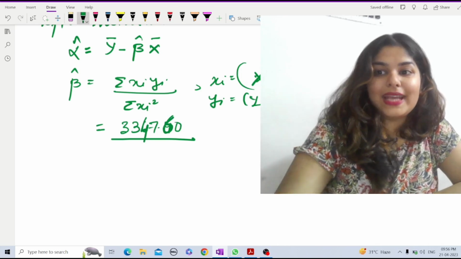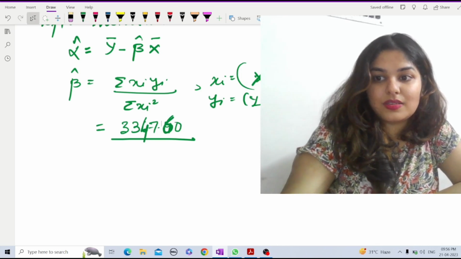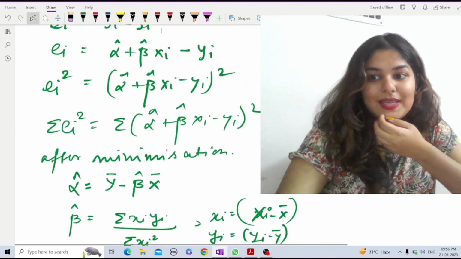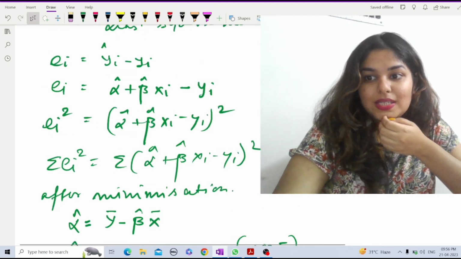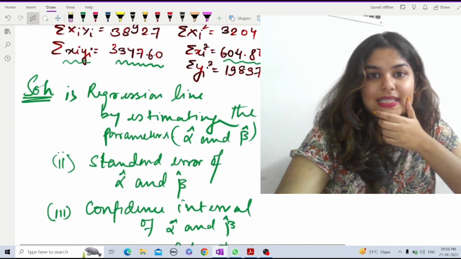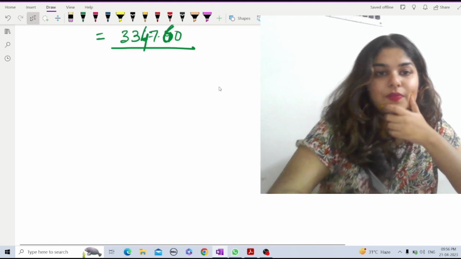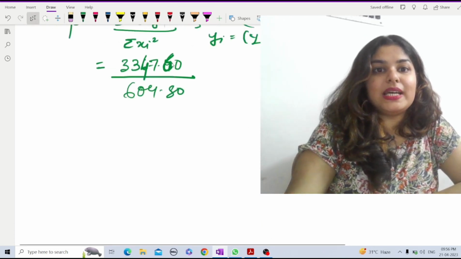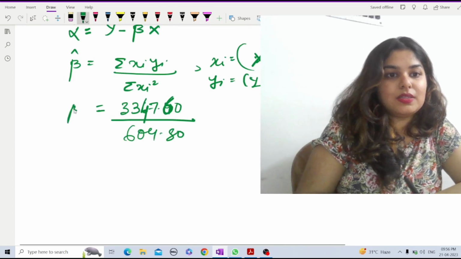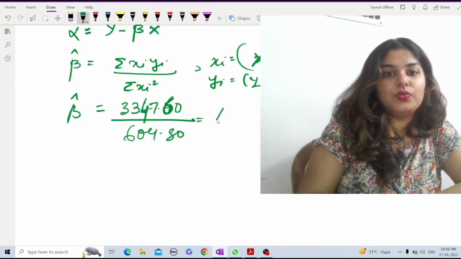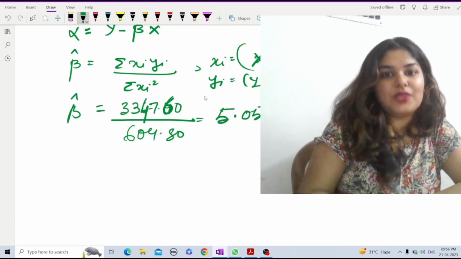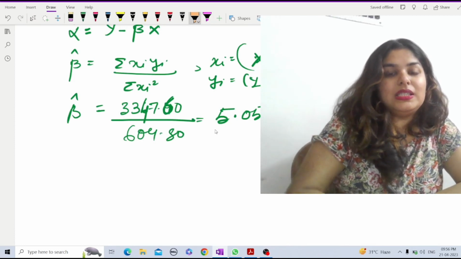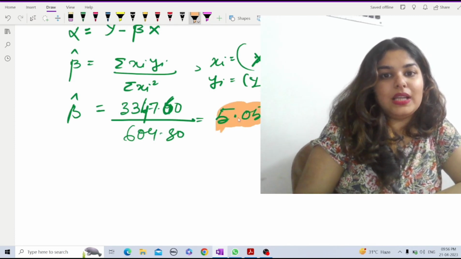And summation xi square is, as just mentioned from the data, 604.80. So this is beta hat. If we calculate it, we get a value of approximately 5.05. So this becomes our beta hat value.